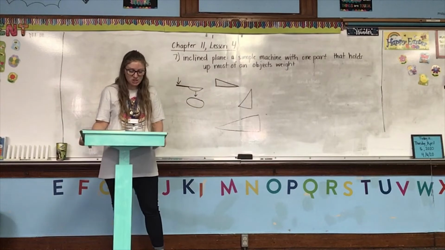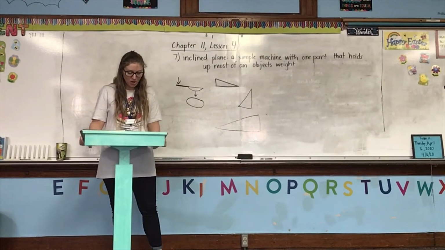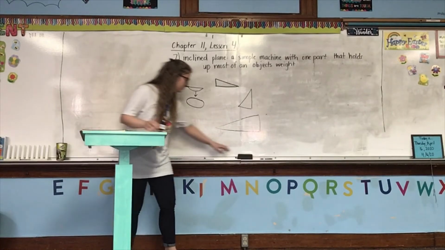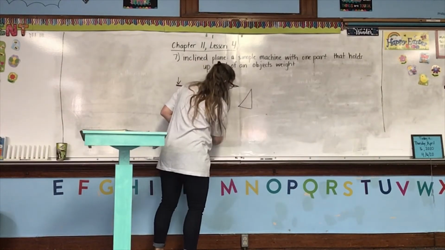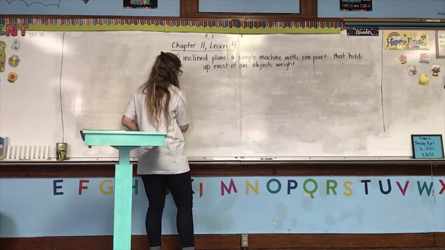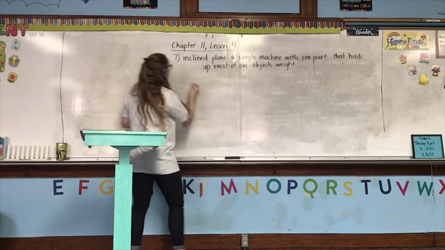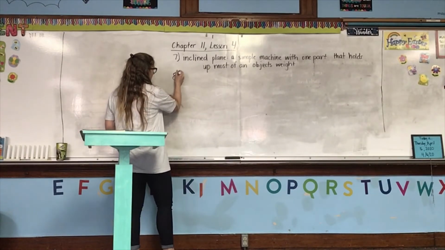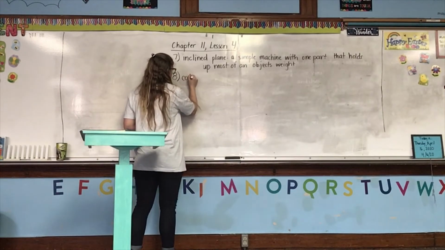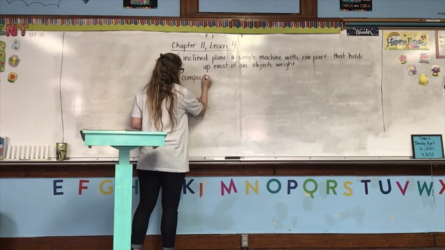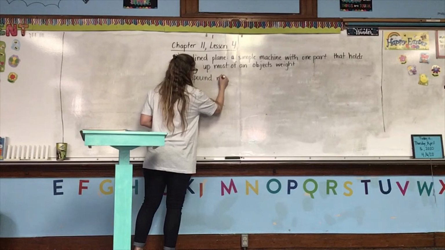How do simple machines work together? Two or more simple machines form a compound machine. So let's add that to our vocabulary. Number 8 is a compound machine.